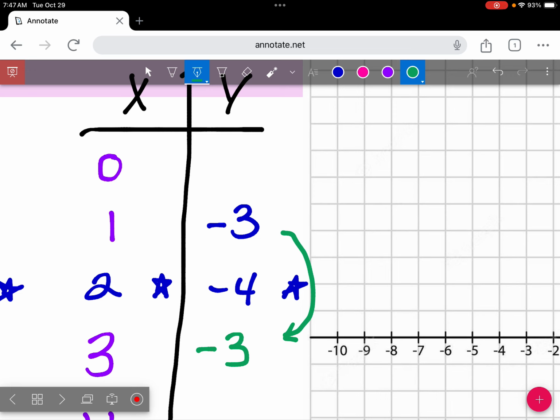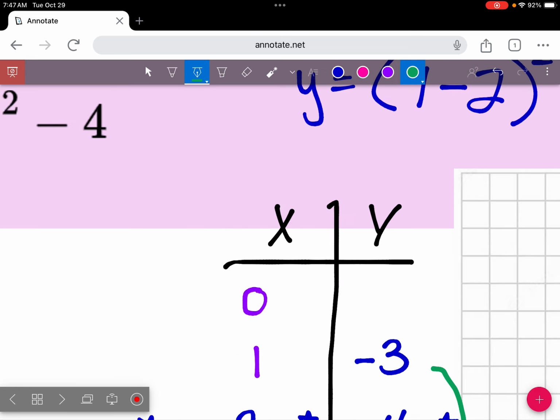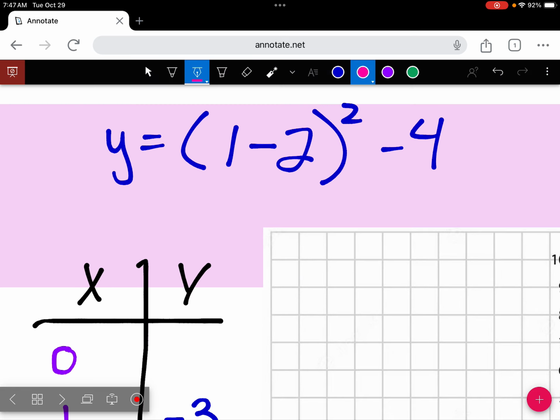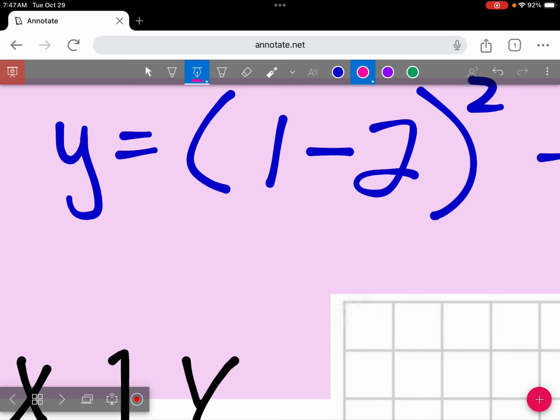For either 0 or 4, they should have the same value because we've got that axis of symmetry in the middle. We are in vertex form, not in standard form, so we can't just use the c value for our y-intercepts. We do have to actually calculate something. So do the same thing with either the 0 or the 4.